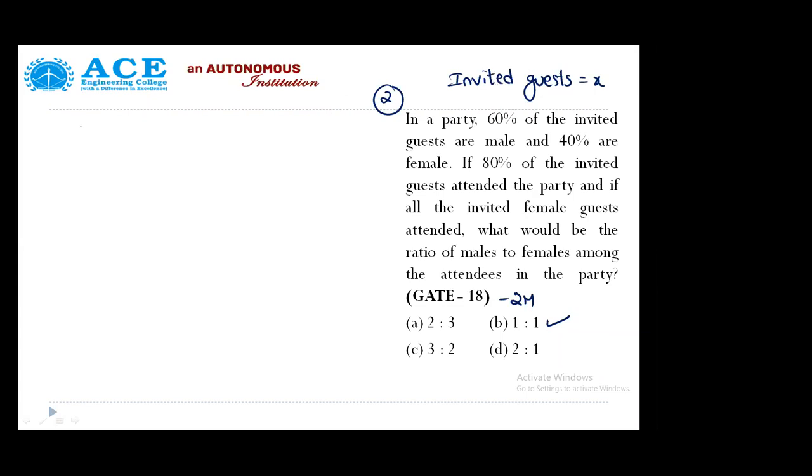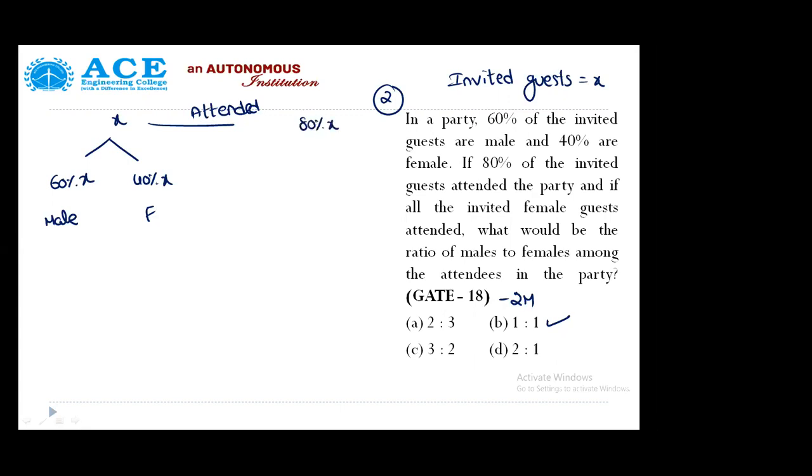So, among X, 60% of that is nothing but male. And obviously, they mentioned 40% are female. Then, how many attended for the party? They mentioned 80% of the invited guests attended.